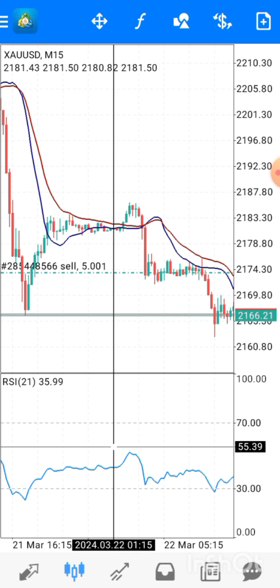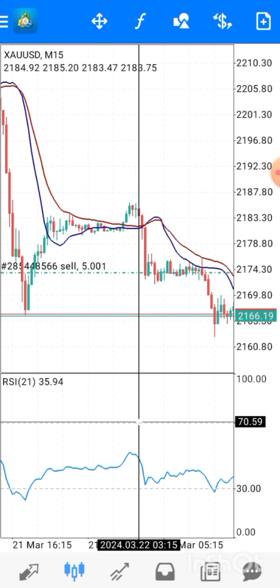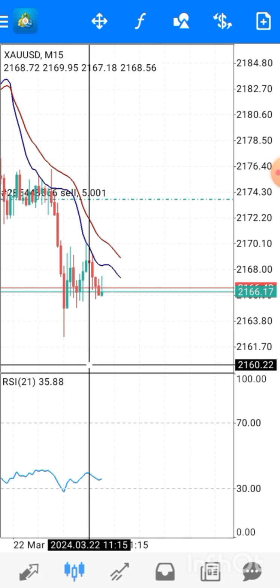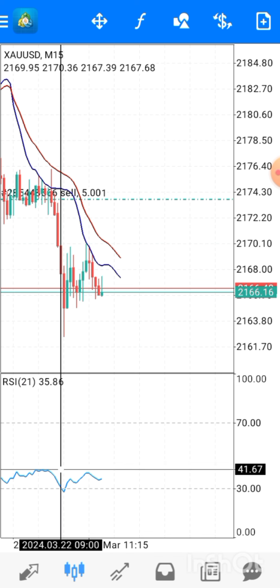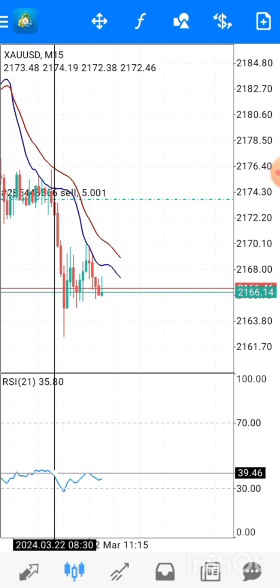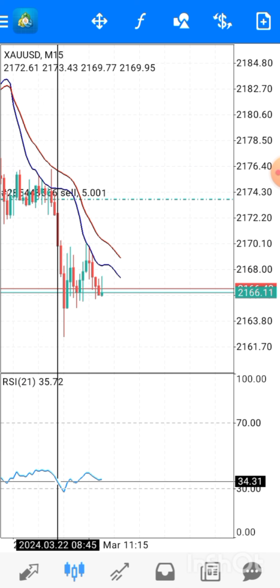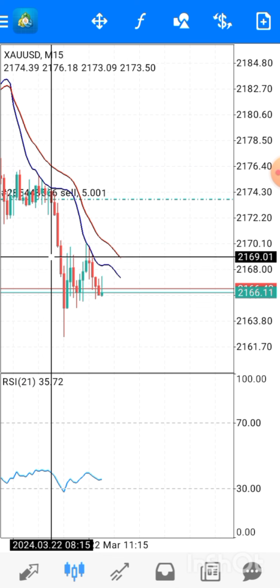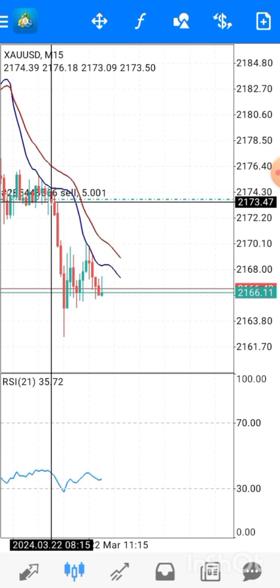And a buy trend is very strong when the RSI is reading above 70%. In this case, the RSI might not be reading below 30%, but as you can see, it is heading towards that 30%. So that's why I knew that this particular trade was going to be a sell trade, because the RSI is a confirmation, and the candle closing below the moving average told me that, oh, Mr.